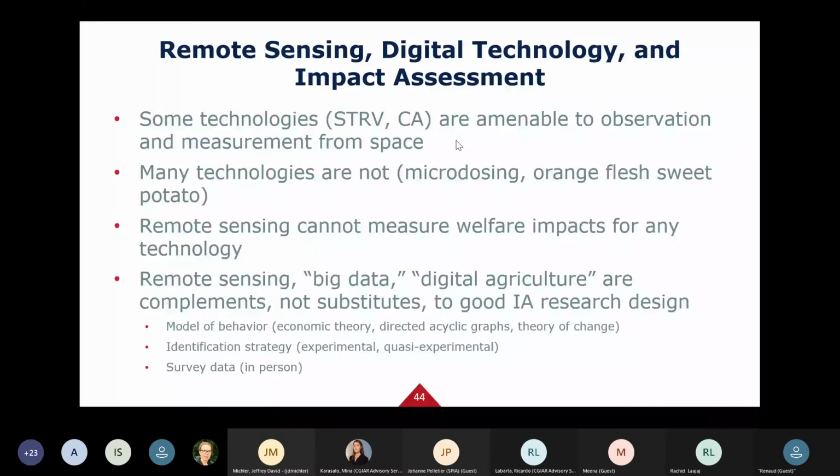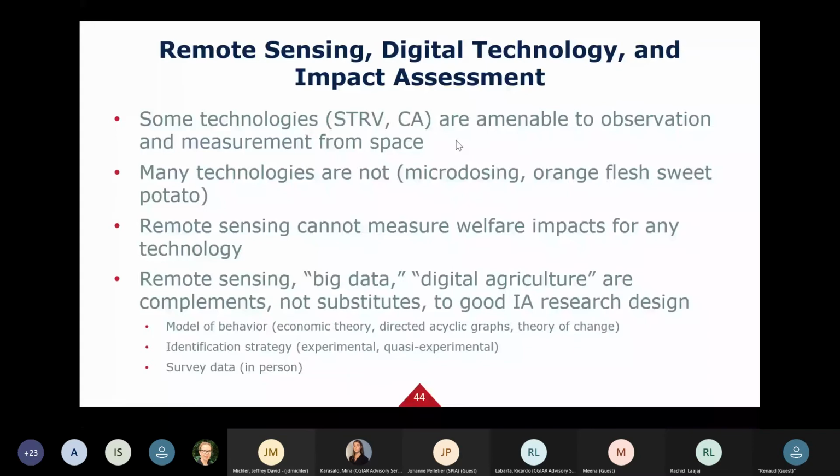You listen to your DGs, you hear a lot of talk about big data, digital agriculture, and the thing I keep coming back to is that these are frequently presented as substitutes for good classic impact evaluation research design. And I keep telling people that these technologies are complements, they're not substitutes.